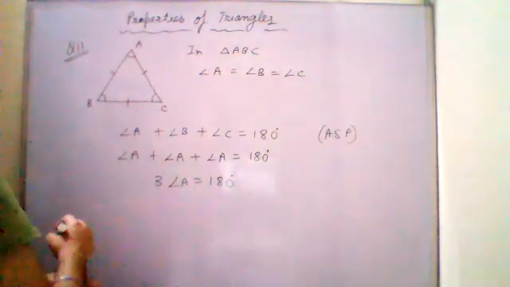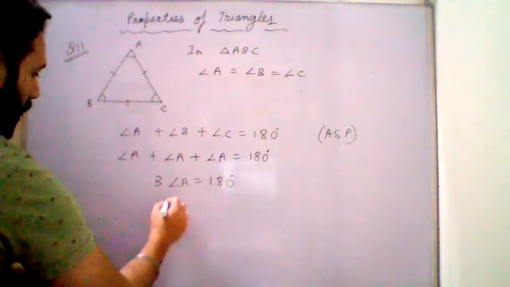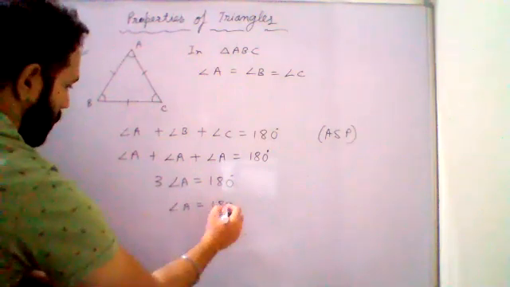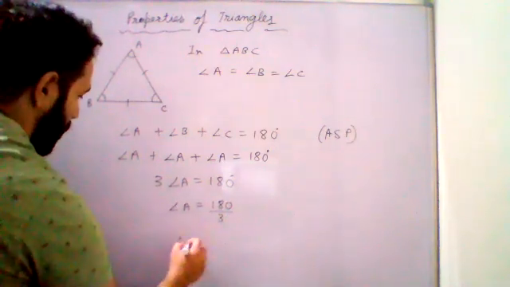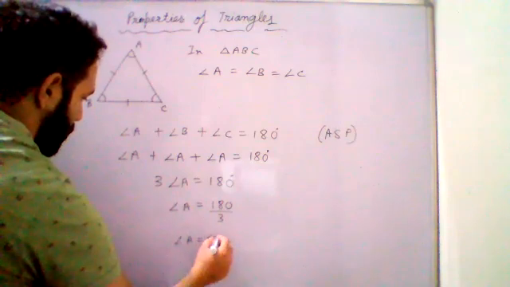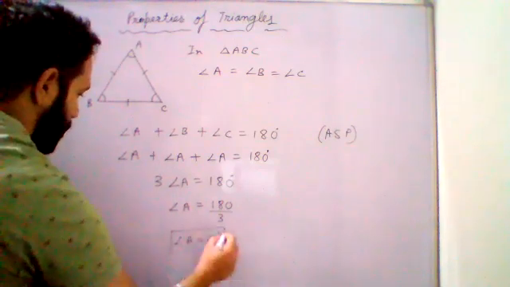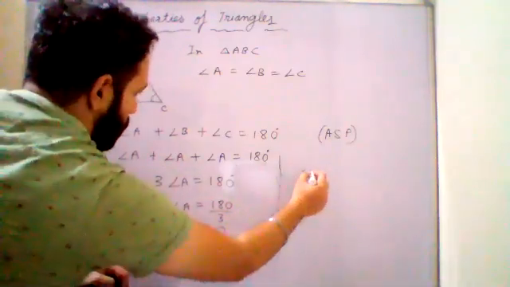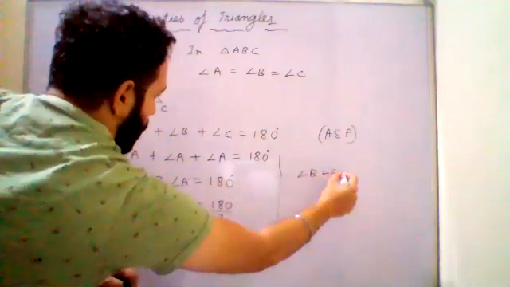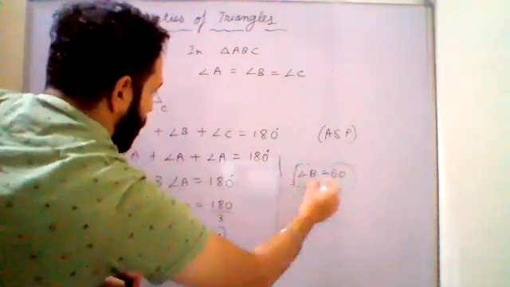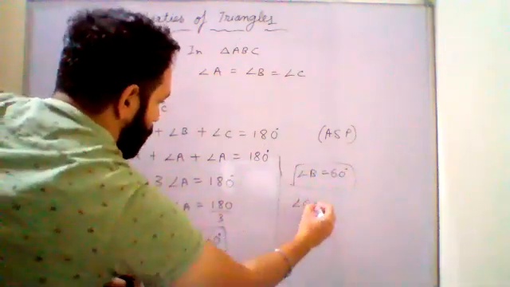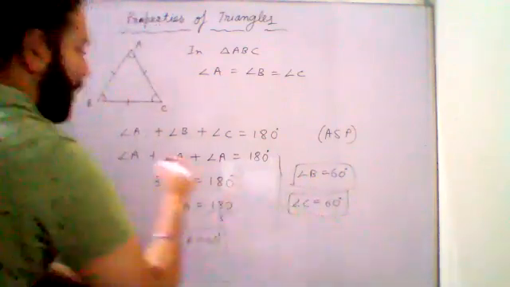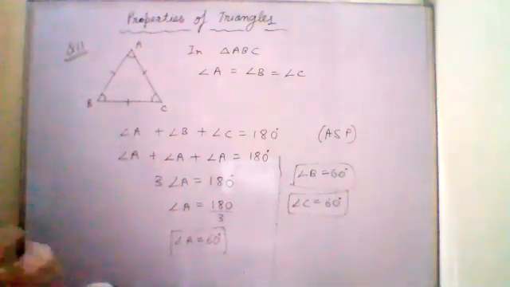So angle A is equal to 180 upon 3. Therefore, angle A is equal to 60 degrees. Angle B also 60 and angle C also 60. All the three angles are 60 degrees.